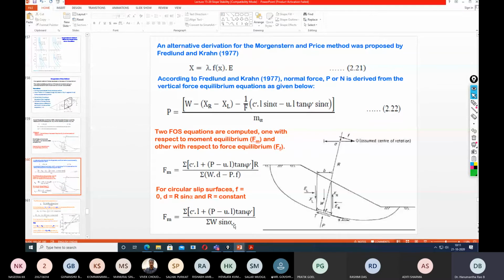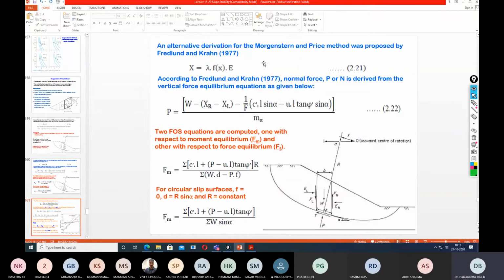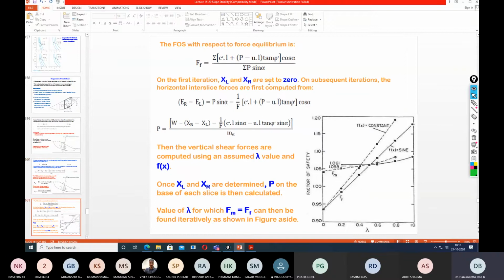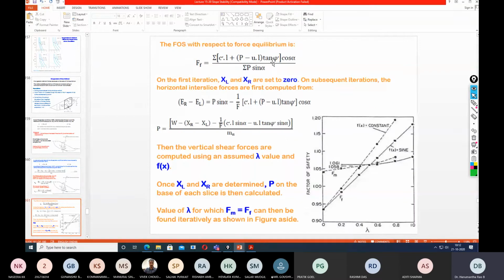So this bottom one is valid for circular slip surface, while this equation is valid for non-circular slip surface. Now this is the factor of safety equation with respect to the moment equilibrium. Now there is another equilibrium equation, that is the factor of safety with respect to force equilibrium. So there is a distinction. This is the moment equilibrium and this is force equilibrium. So we can see the difference between the moment equilibrium and the force equilibrium.